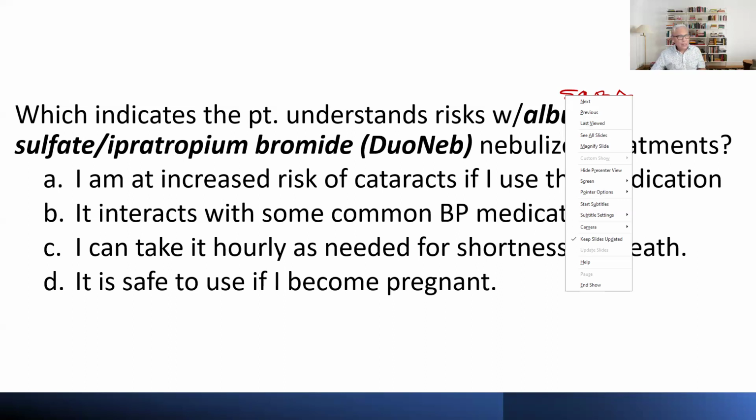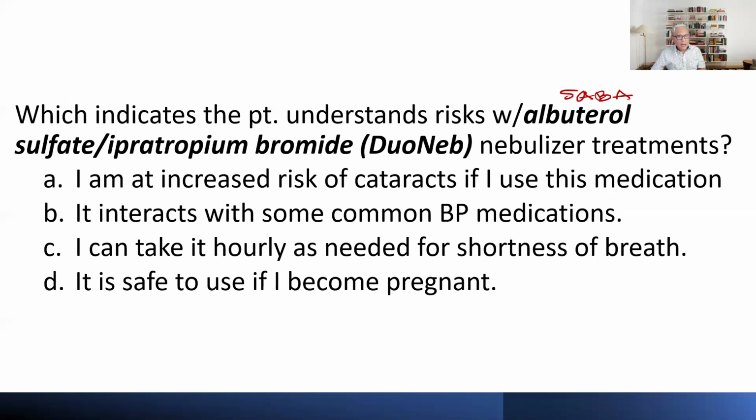So usually this is going to be a drug that is used in combination, and when it is used in combination, it is going to increase some risk. So letter A, I'm at increased risk of cataracts if I use this medication.